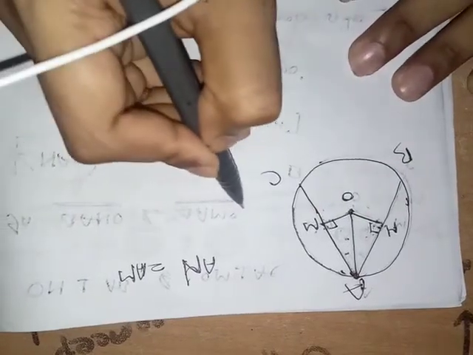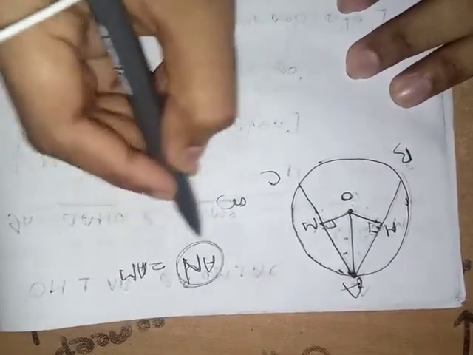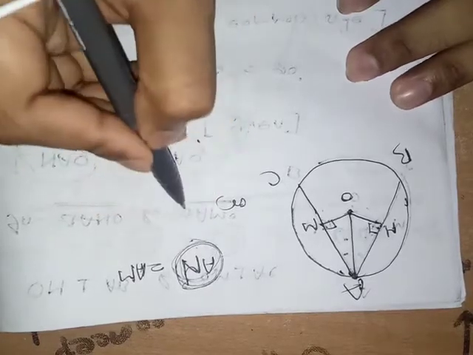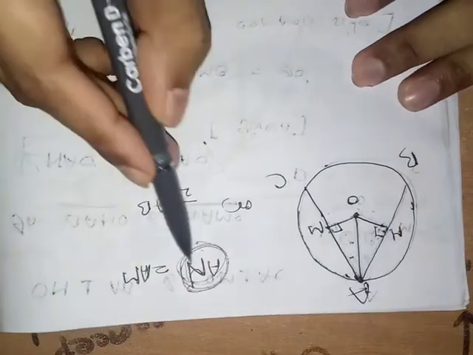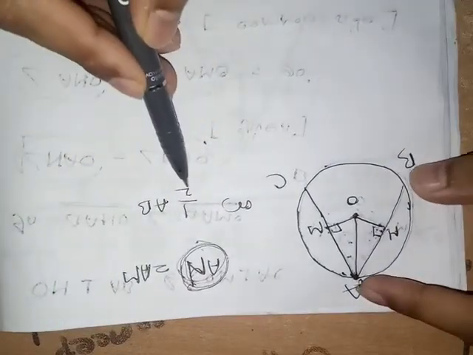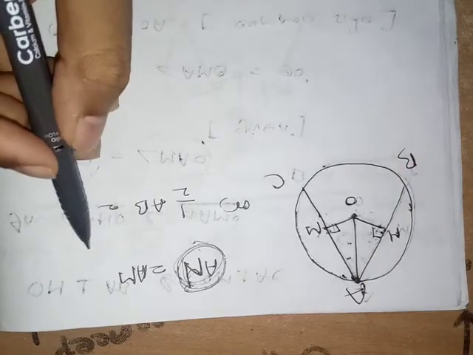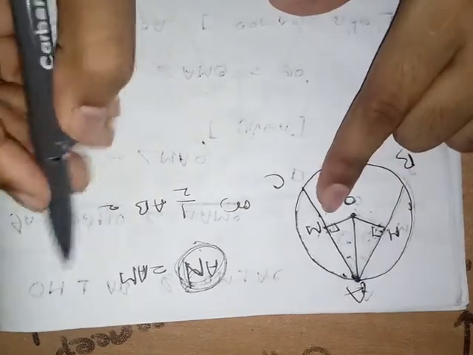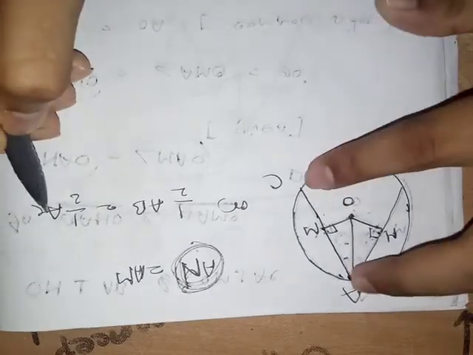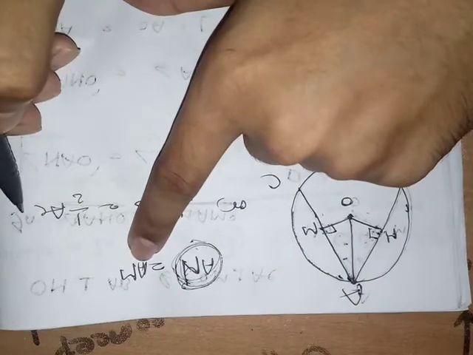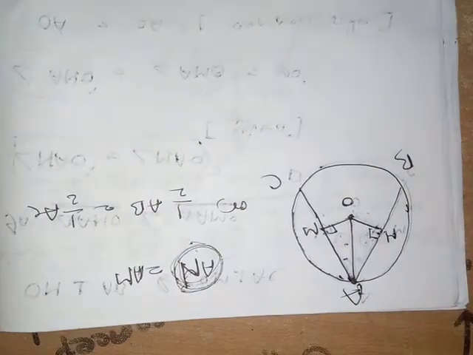Now instead of AN we can write half of AB, and on the right side we can write half AC instead of AM. How can we write this?